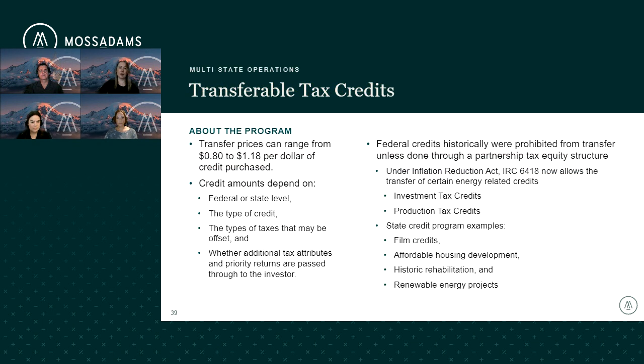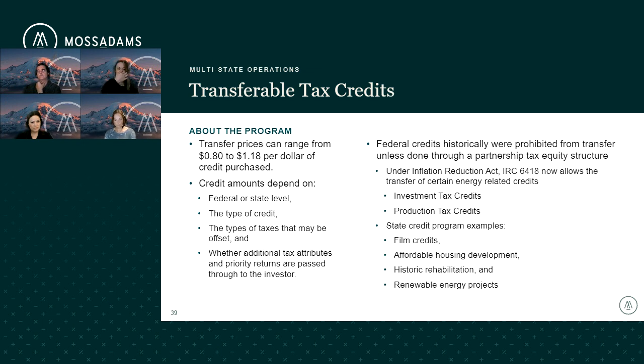The last opportunity I want to talk about is transferable tax credits. These may or may not be widely known within the audience. Transferable tax credits are a great opportunity for certain taxpayers. These are credits that can be transferred to another unrelated party to offload either unusable tax credits or to acquire credits at a discounted rate to help offset certain liabilities.